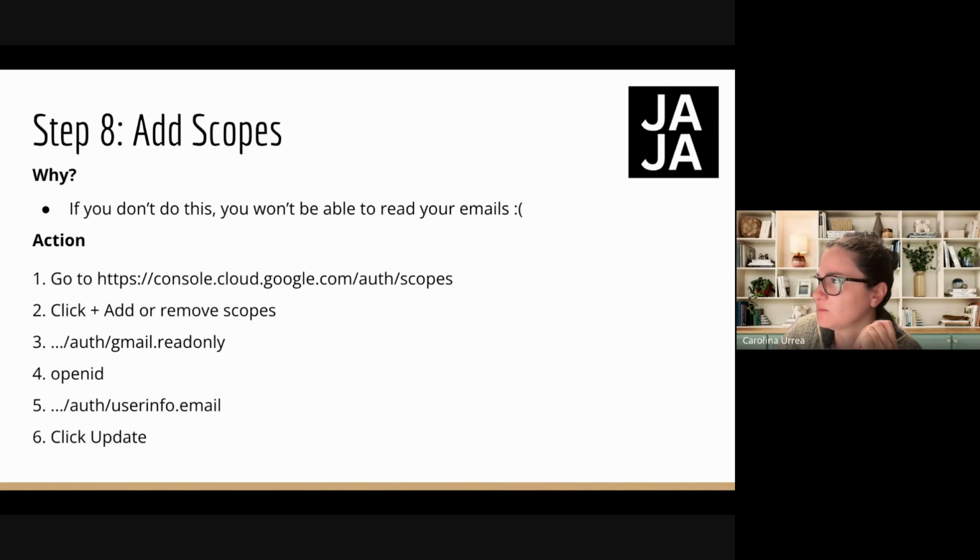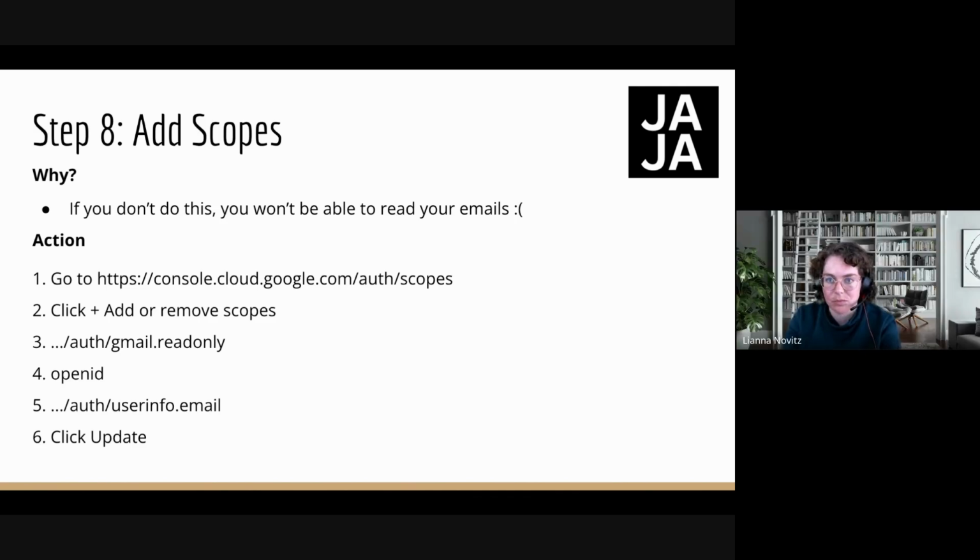That's okay. I don't know if I'm being too literal, but when I clicked on the URL, it is the URL of scopes, but it's getting data access, and I'm not seeing the add or remove scopes. Okay, let me see. Oh yeah, so you're on data access, and then there should be a button, add or remove scopes, within that data access page.